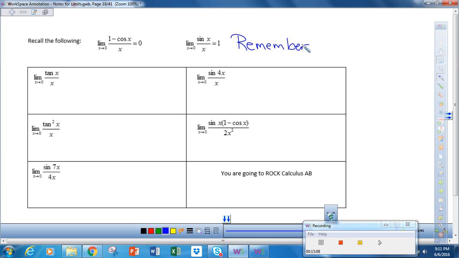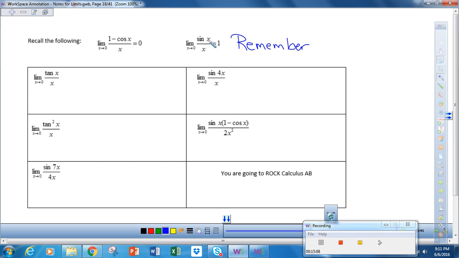And we can use these properties to simplify expressions. So, for instance, we're going to use the properties that we learned before plus these two, let's call them identities, or truths, I don't know what to call these, to simplify this. So what do we know? Tan x over x.